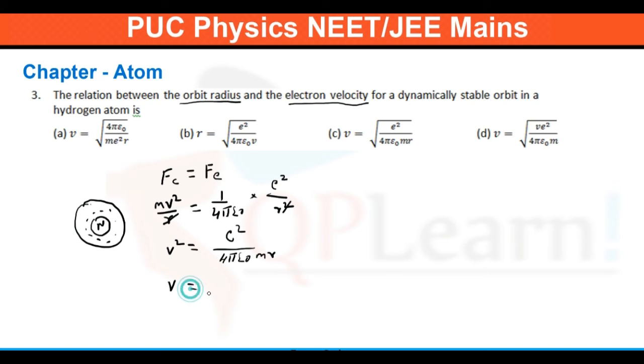So v is equal to root of e square divided by 4 pi epsilon naught mr. So this is the relation between the velocity and the orbit radius. So you find the option: root of e square divided by 4 pi epsilon naught into mr. So this is the right option.